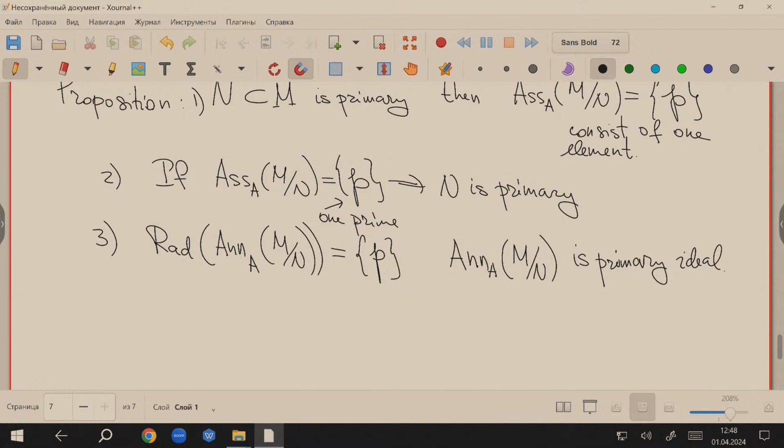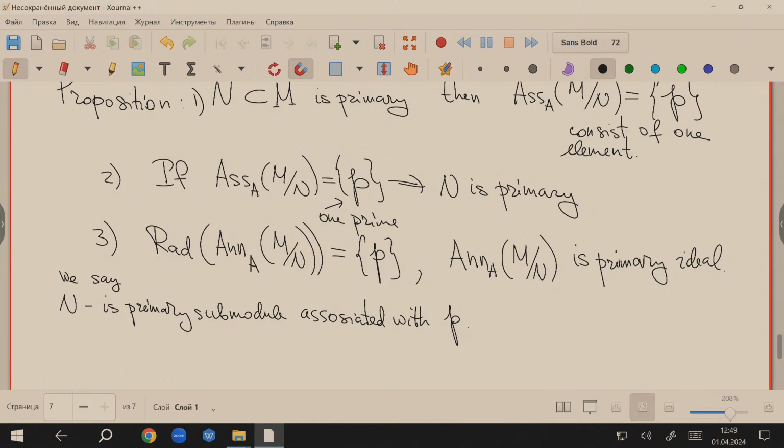Since we have to stop soon, I think it is better to prove this next time, but the only remark is that in this situation we say that N is a primary submodule associated with P.